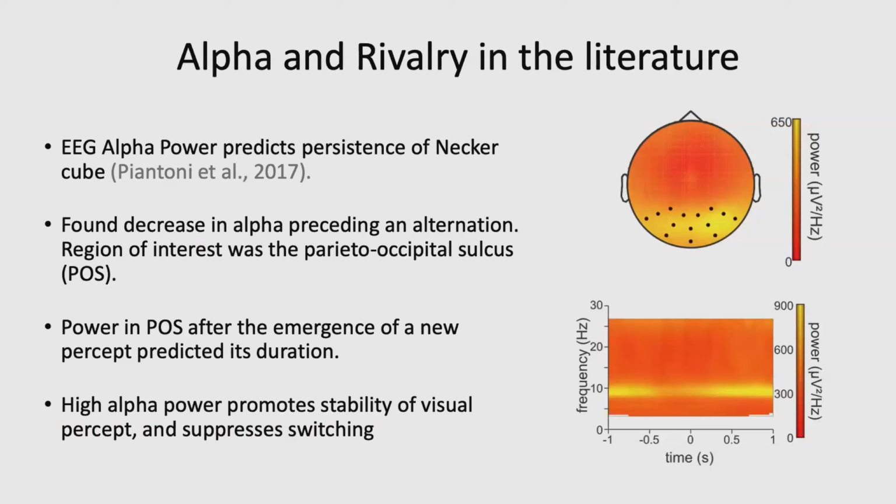And indeed, the power after the emergence of a new percept predicted its duration. So we're left with this idea that high alpha promotes stability and suppresses switching.